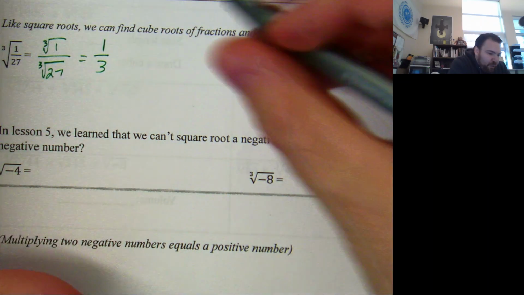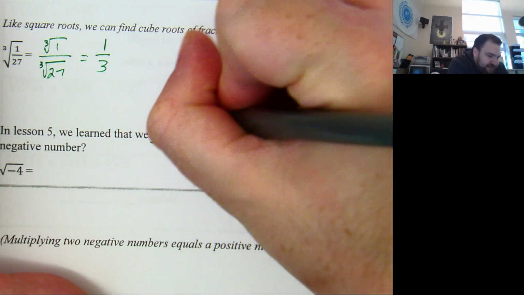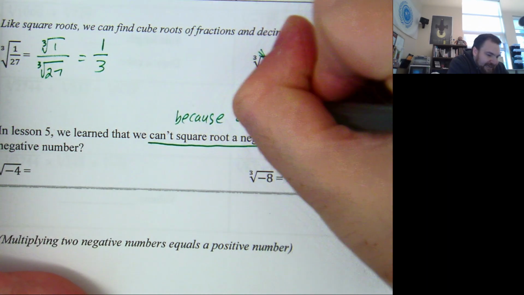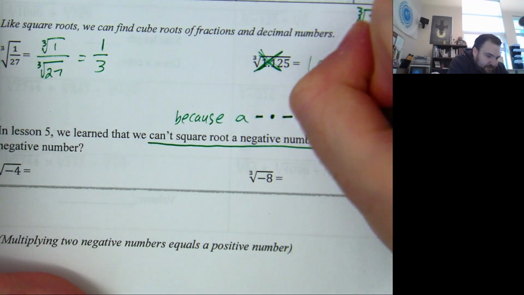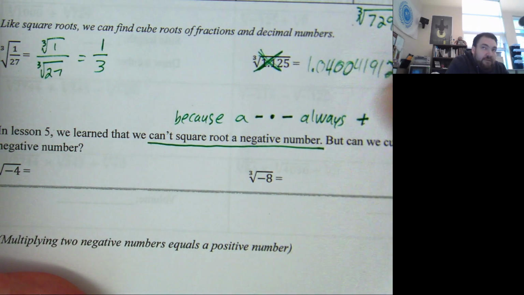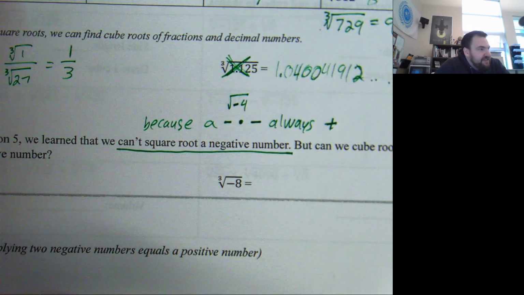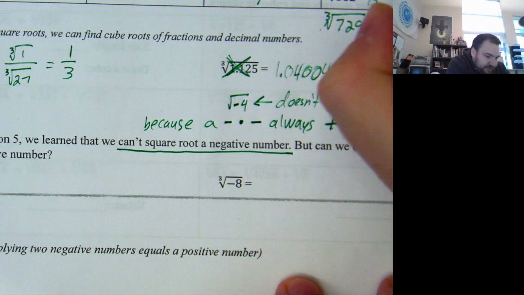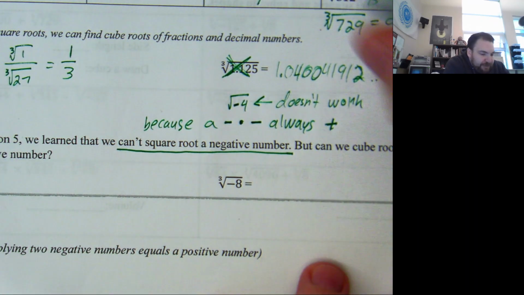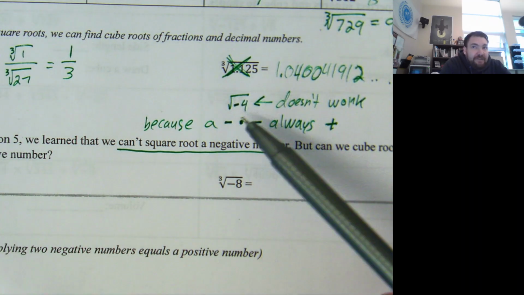So we cannot square root a negative number. For example, the square root of negative 4 doesn't make sense, because I cannot multiply a negative number by itself twice to get a negative number.